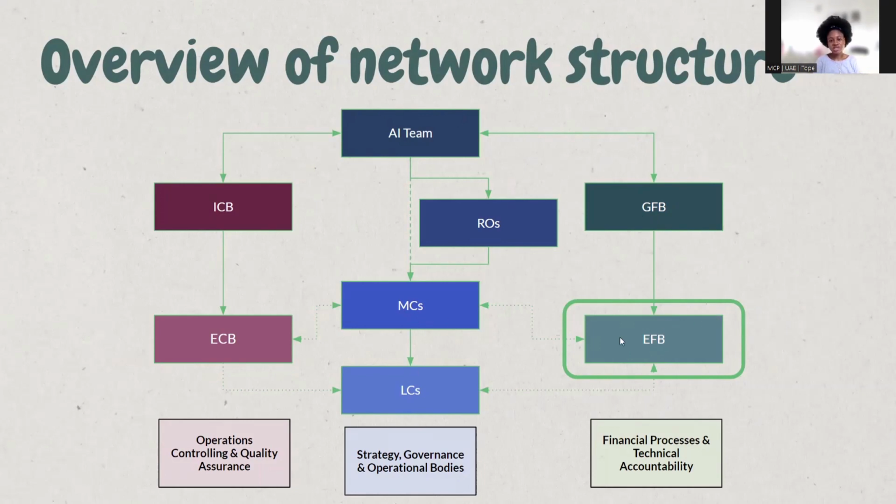For the purpose of this session, we would only be touching on the synergy or the responsibilities of the GFB, the MC, and the LCs with regards to the EFB carrying out its duties properly.